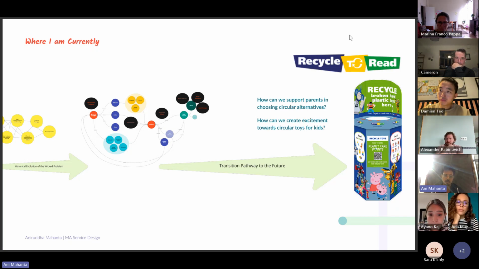So that's another aspect that I'll be looking into about alternate business models. And yeah, that's the next step for me, this co-design workshop.